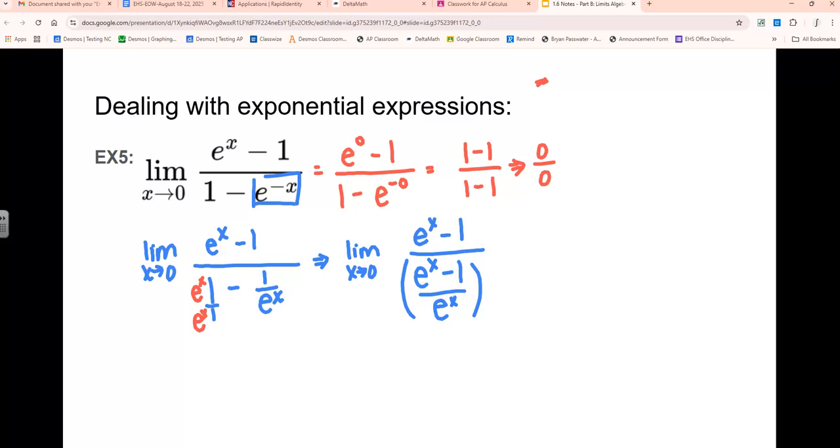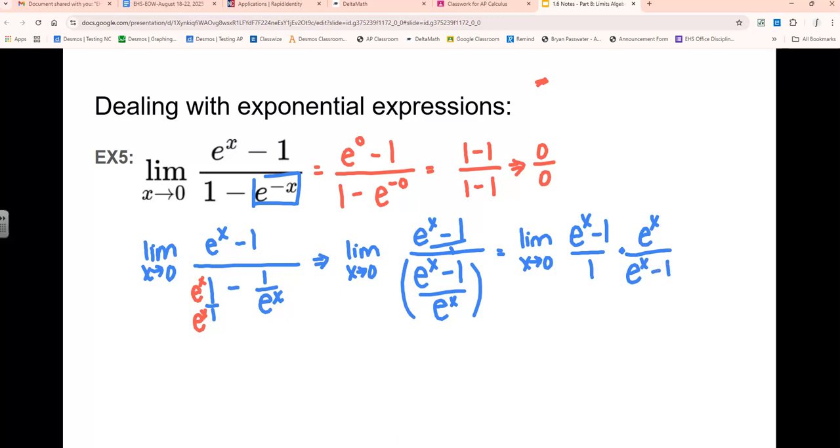And then dividing fractions is easy as pie. You can flip the second and multiply. So we're going to have the limit as x approaches 0 of e to the x minus 1. If you want, you can put that over 1. That might help you keep things straight there. And then you're multiplying this by e to the x over e to the x minus 1.